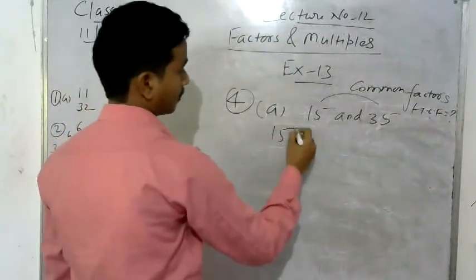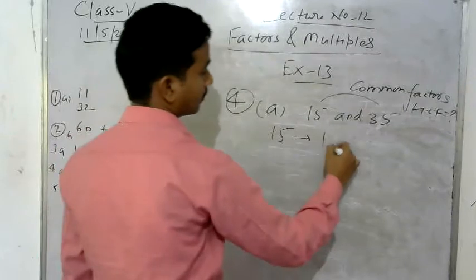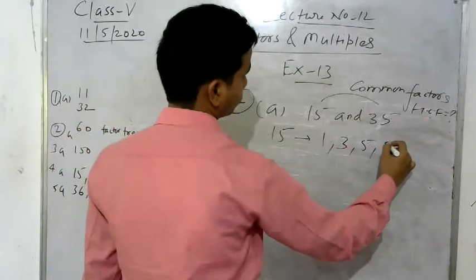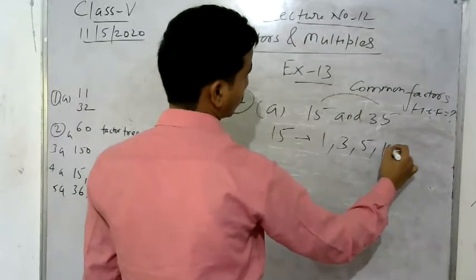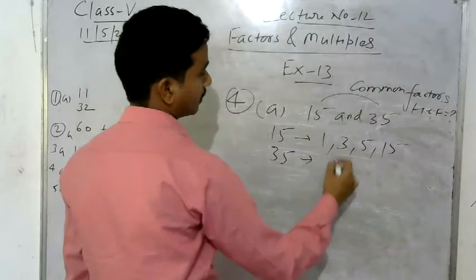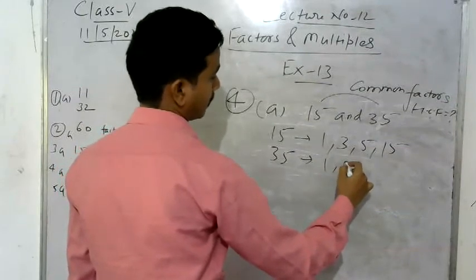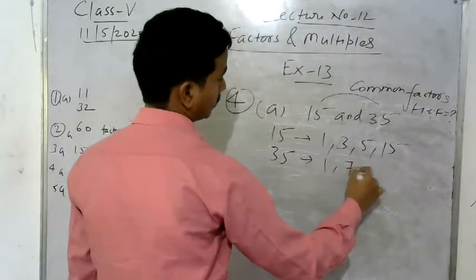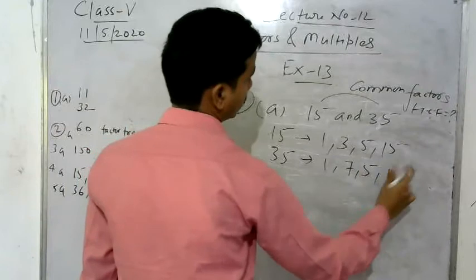Then first of all, list all the factors of 15. What are all the factors? 1, 3, 5 and 15. These are all the factors of 15. What are all the factors of 35? 1, 5, 7 and 35.